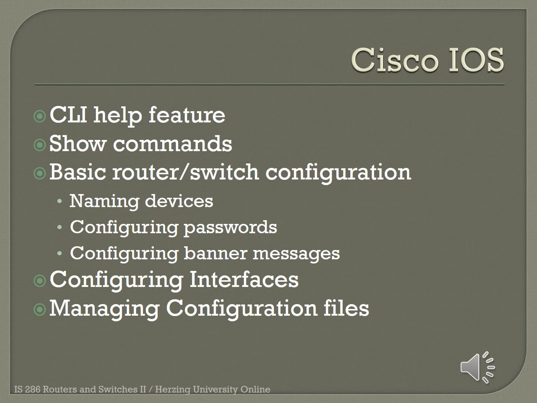We will then examine some of the commands required to complete a basic configuration on a Cisco router or switch. Again, something that you did in IS-284 on a router. And we'll also take a look at the commands required to configure various interfaces on routers and switches. And then finally, we'll review how to manage configuration files.